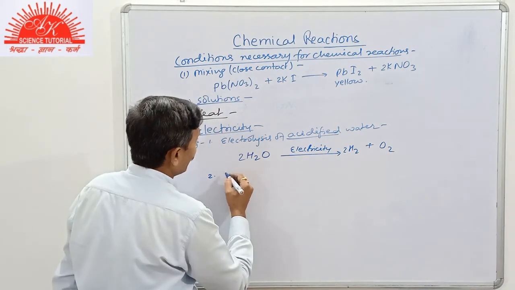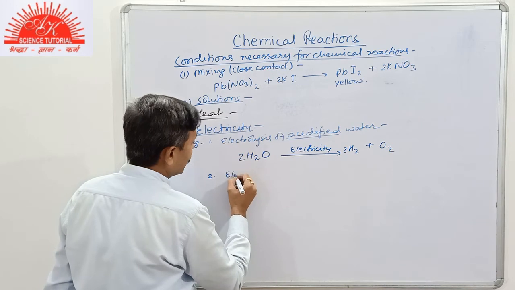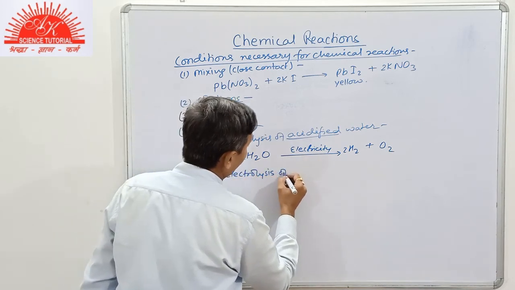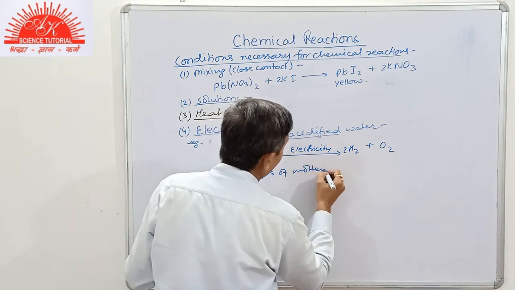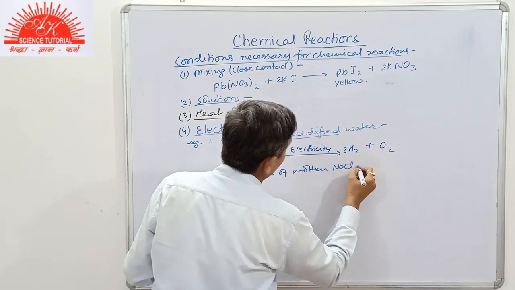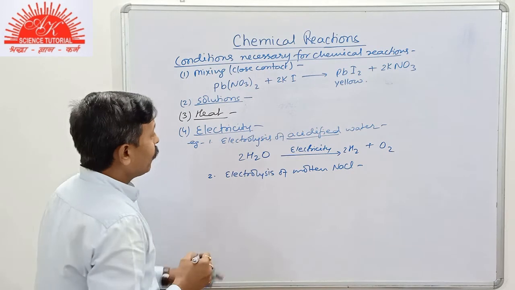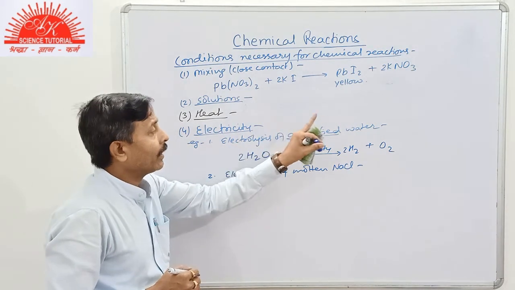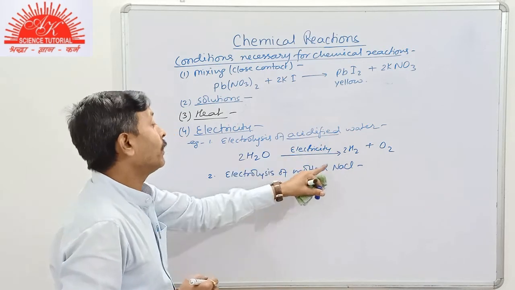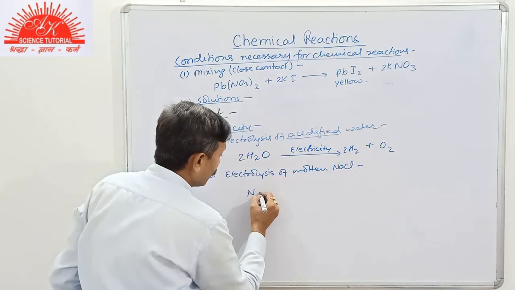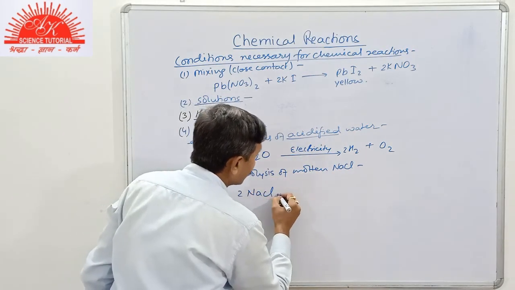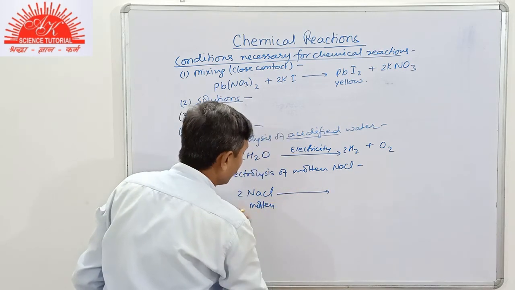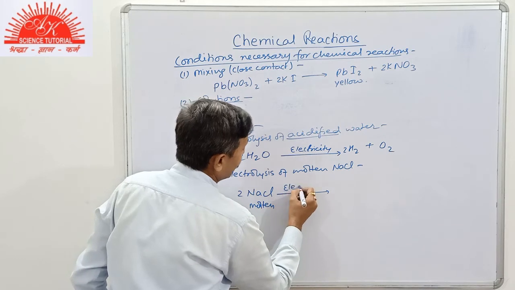So here we have electrolysis of molten NaCl. When electrolysis has to take place, the reactant or substance should be dissolved in water or be in molten state. So again, NaCl, now this is in molten state, that is, in fused state. Electricity is passed.